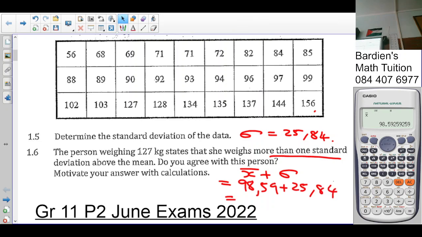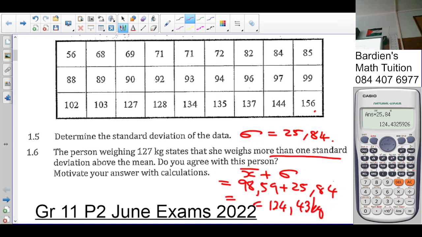So the upper boundary for your standard deviation is 124,43 kilograms.